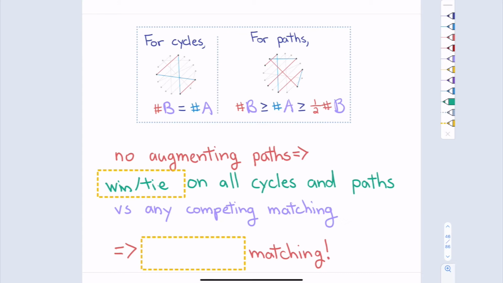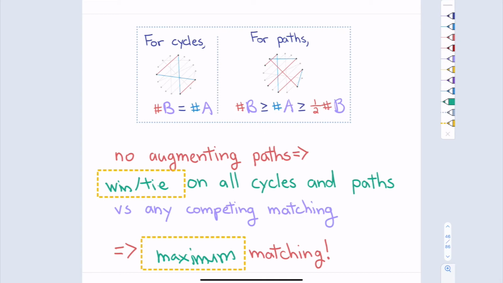It's never going red, blue, red, blue, red and ending there, because that would have been an augmenting path originally. So any of these paths in the decomposition have to go like red, blue, and you're tying. So if there are no augmenting paths, then you have a maximum matching.